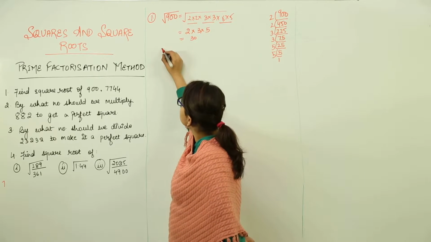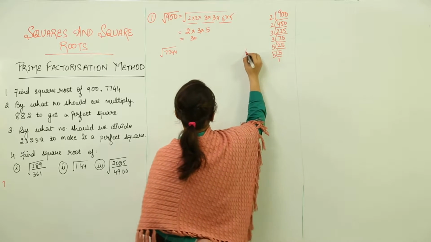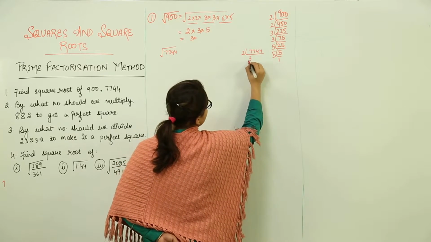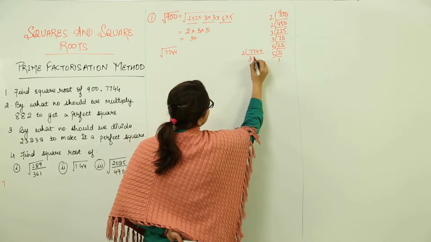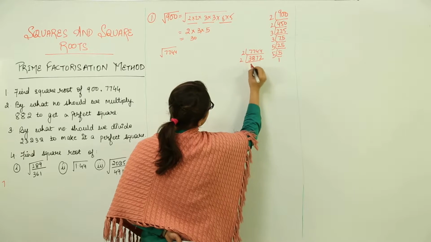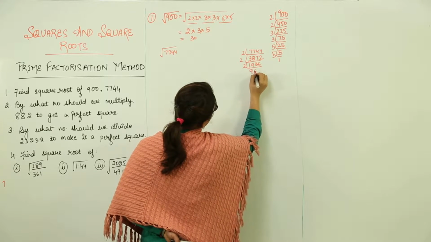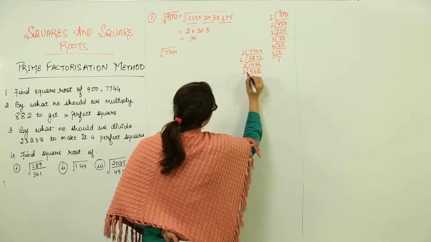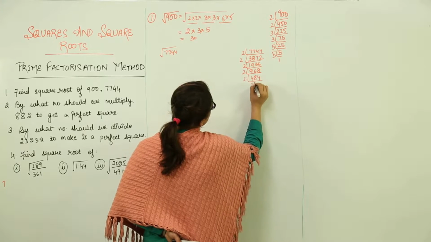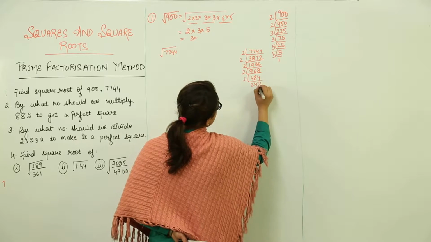The next part was finding the square root of 7744. Now let us find the factors for 7744. It would go with 2, 2 3s are 6, 17, 2 8s are 16, 14, 2 7s are 14, 2, then 2 1 9 3 6, then with 2 9 6 8 times, then 2 4 8 4, then 2 2 4, again we are left with 2 over here, 2 2s are 4.